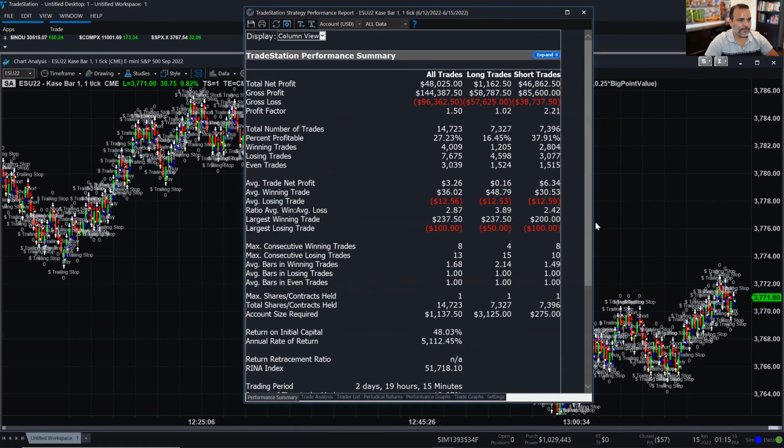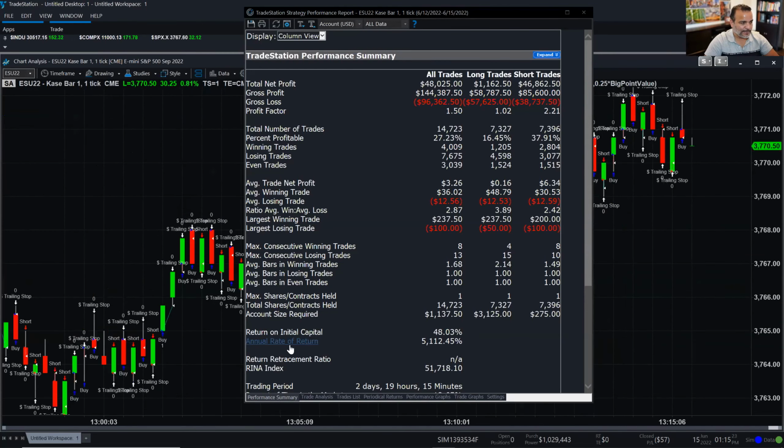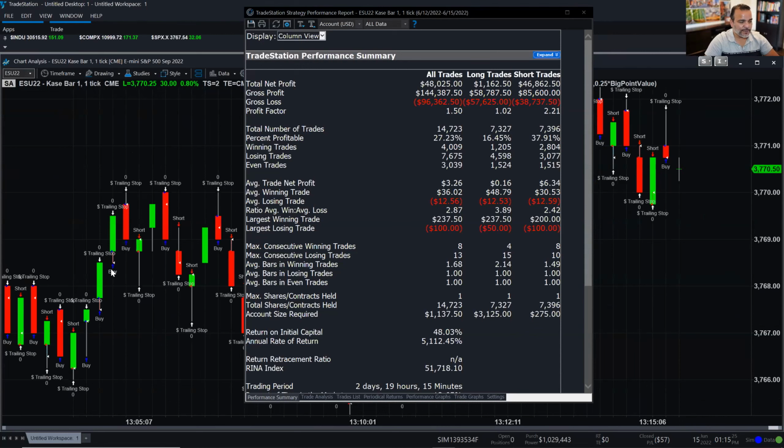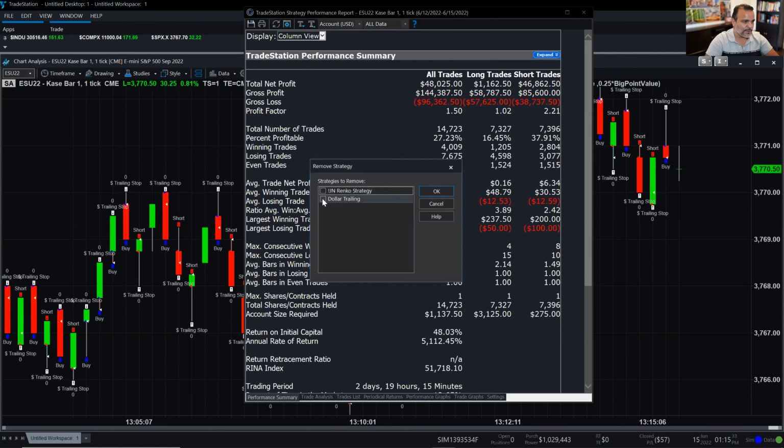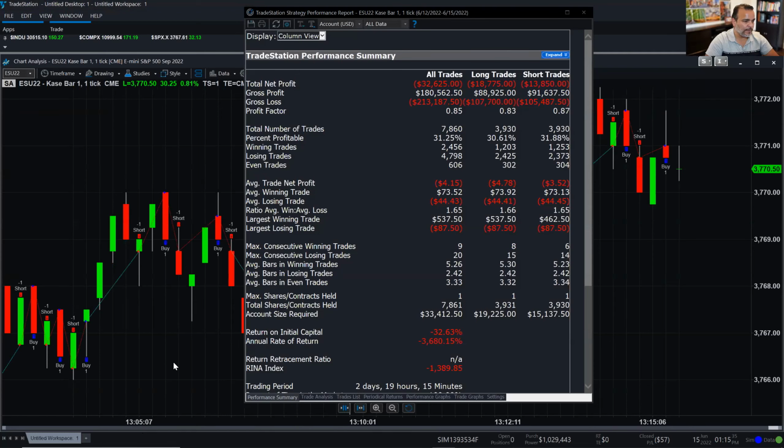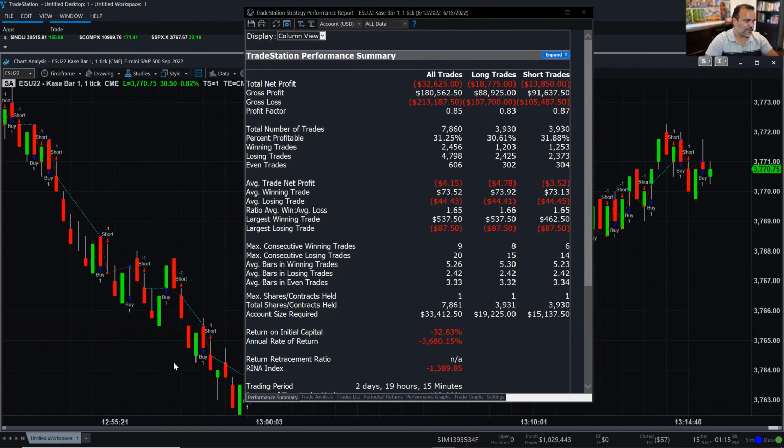All right, so here are the results with Kagi. Far more trades because of the way that the Kagi bars are being built. So I guess we need to make some adjustments here. I can remove the trailing stop and see if that helps. Let's remove the dollar trailing. Okay, so that's different, you see? You can see that's a losing strategy.